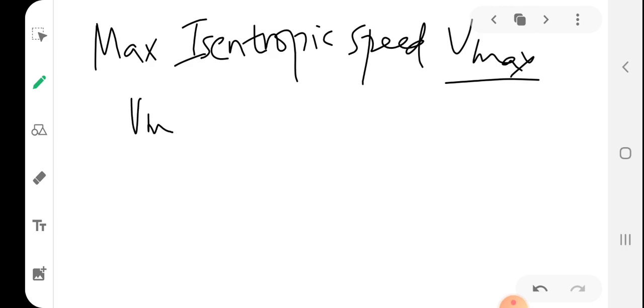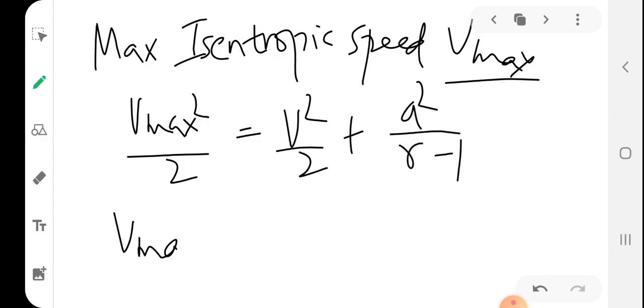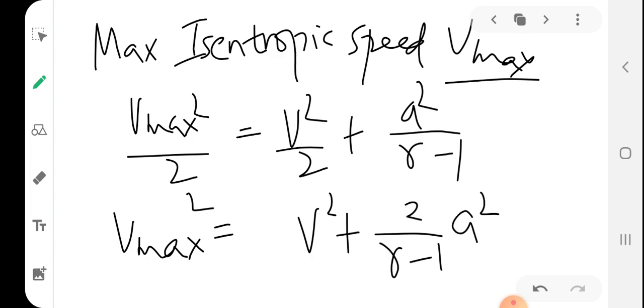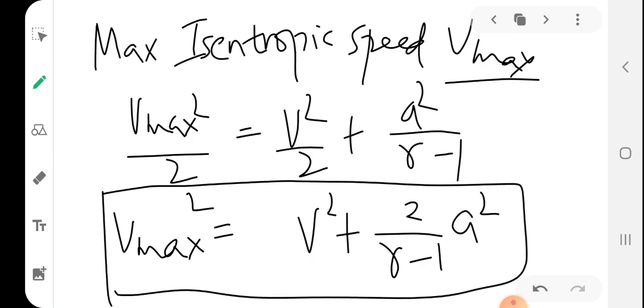So V max square by 2 is nothing but V square by 2 plus A square by gamma minus 1. So V max square can be written as V square plus 2 by gamma minus 1 A square. Right?